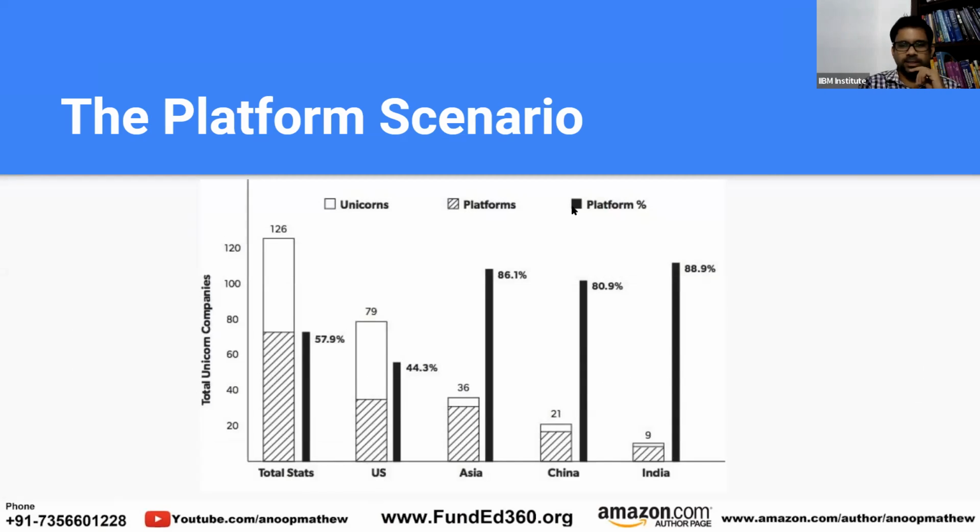Okay, so these are the numbers. I've seen the total statistics: the shaded part is platform businesses, out of a total of 126 unicorns. Across the world, you can find almost 57.9, almost 60, are platform businesses.